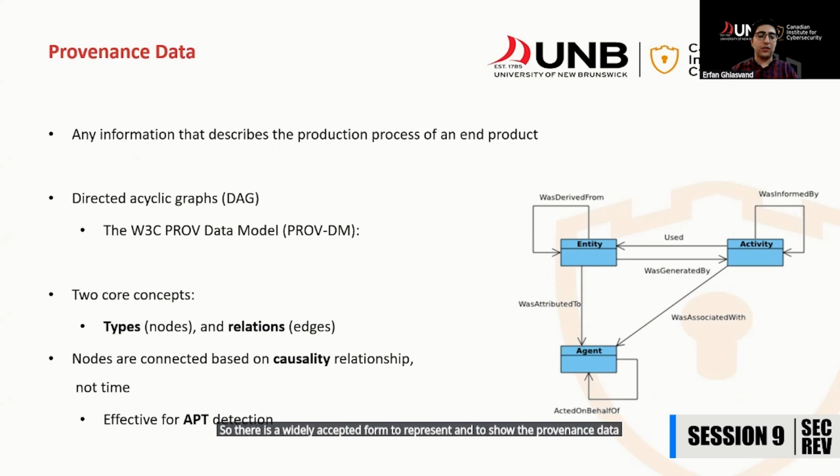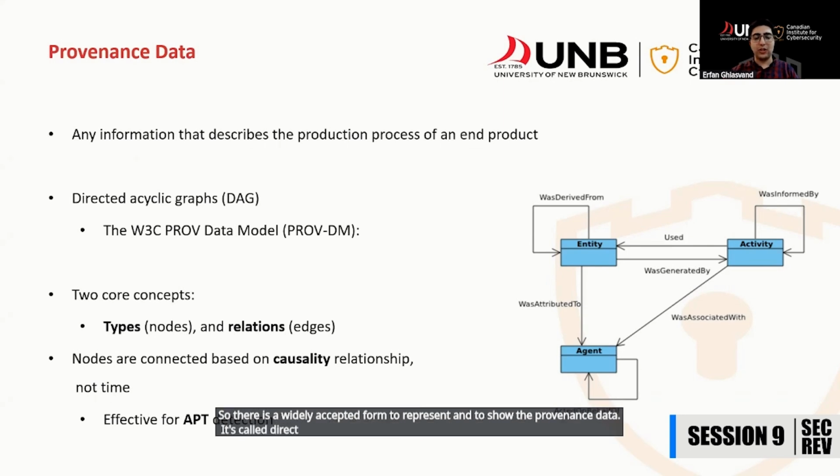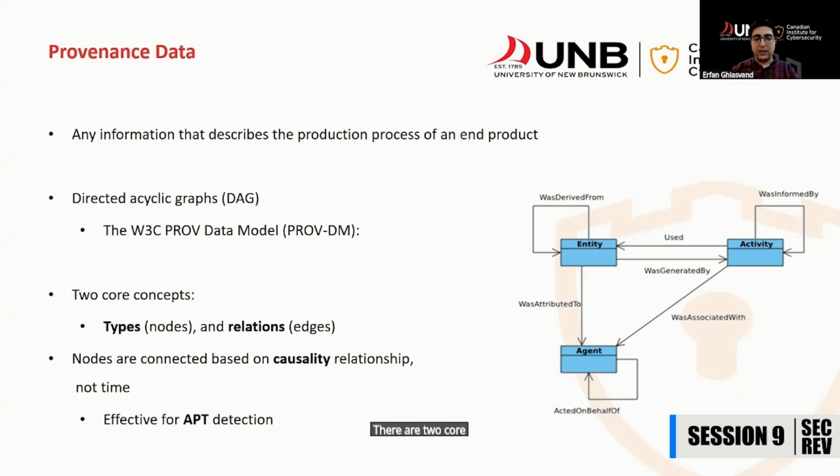It's called directed acyclic graphs, or DAGs. And here you can see the W3C PROV data model, which is a widely accepted form of showing provenance graphs or provenance data. There are two core concepts for a provenance graph: types, or nodes, and relations, or edges.